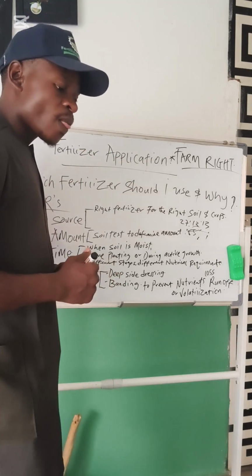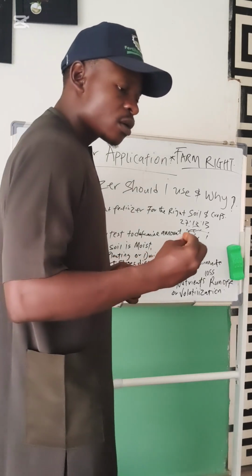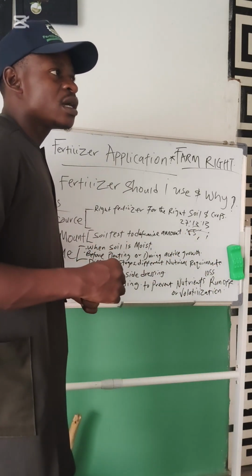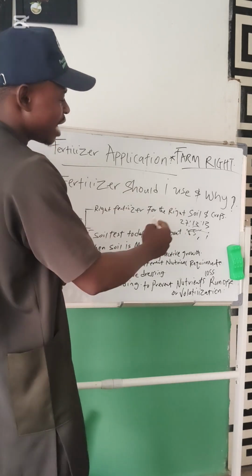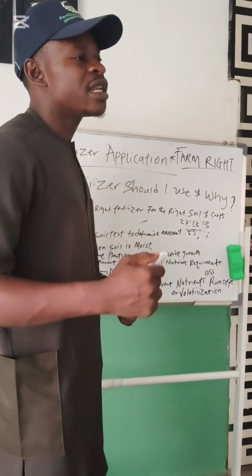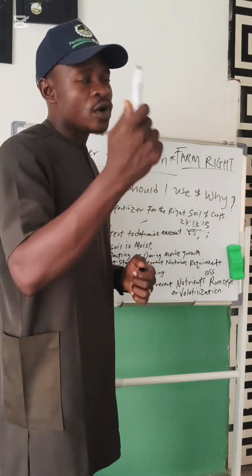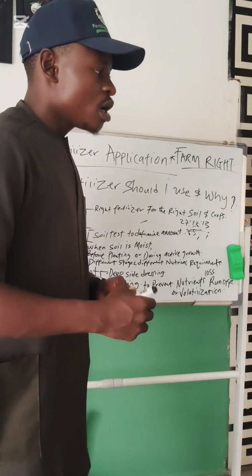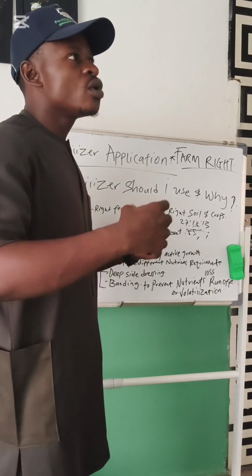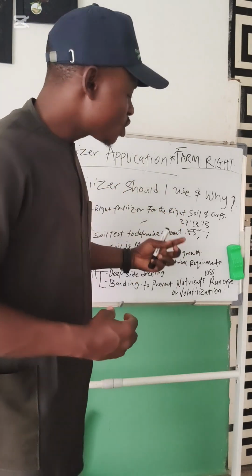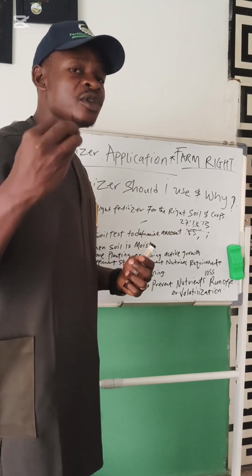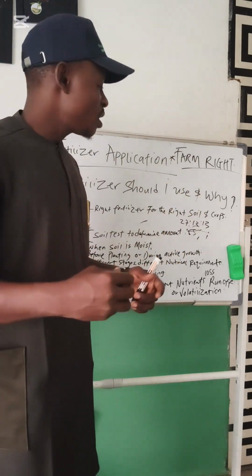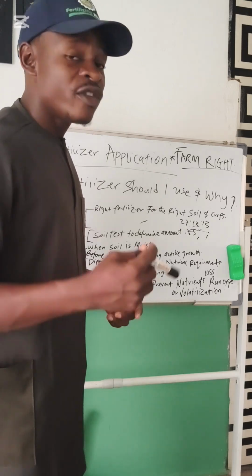There are crops like legume crops, which demand more phosphorus and less nitrogen, because they are nitrogen-fixing crops. They don't need nitrogen. If you introduce nitrogen to them, they will grow so leafy without producing fruit. And the aim is to get fruits, not for you to see your crops leafy, green and looking nice like vegetables.